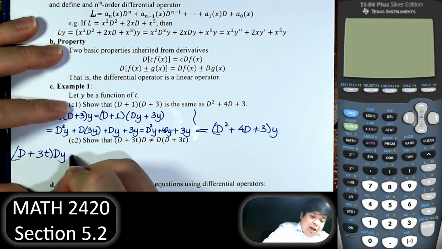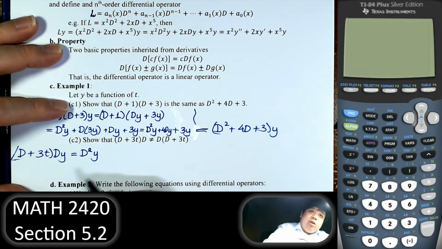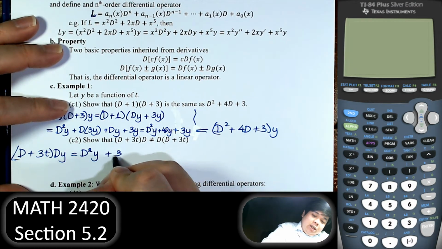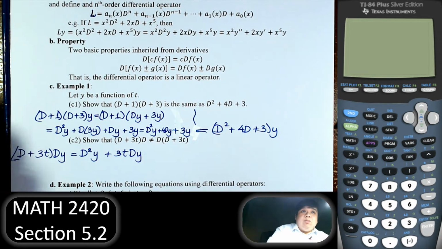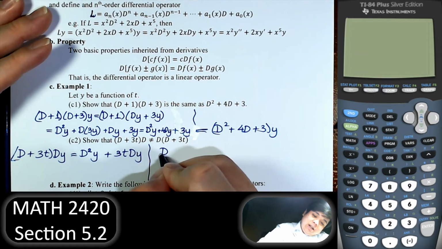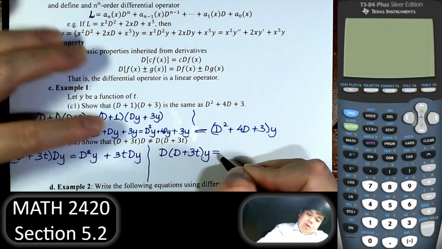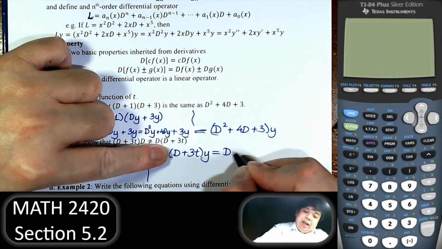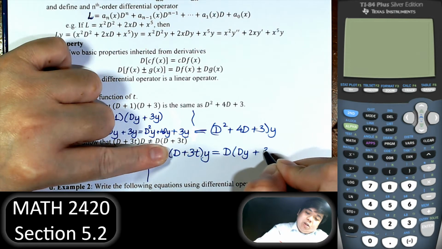When we multiply it out, we have D squared y, which is the second derivative, plus 3t Dy. So the left hand side is going to be like that. What is the right hand side? First we have the derivative, and then we have Dy plus 3ty.